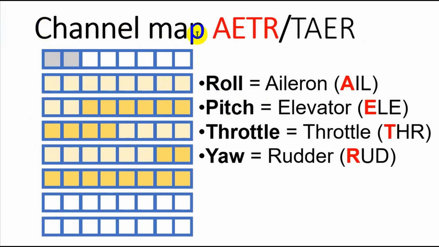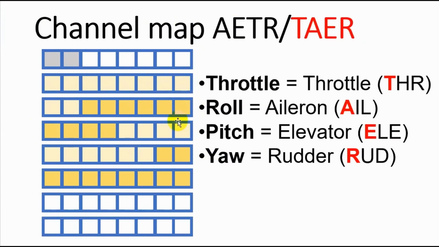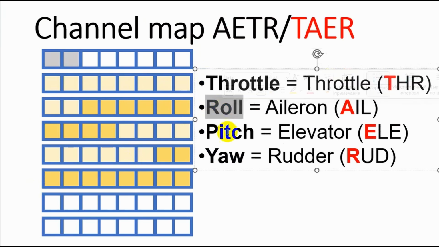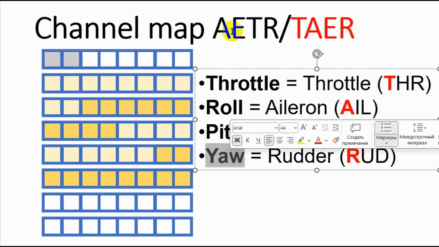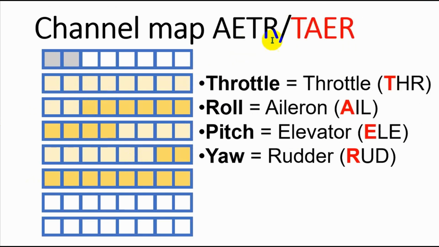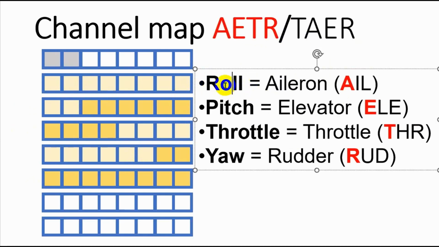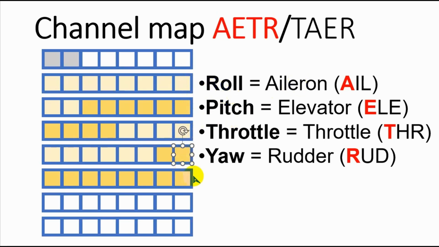Something about channel map. Actually, we can tell that the first one will be roll, the second will be pitch, the third will be throttle and yaw, or we can tell that the first will be throttle, then roll, pitch and yaw. And probably you've heard these terms before: AETR or TAER. It is the channel map, and it's actually the order of which stick we assign to which part of the message.